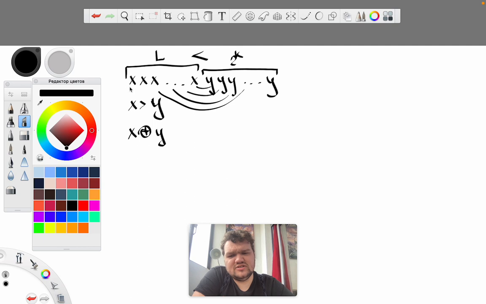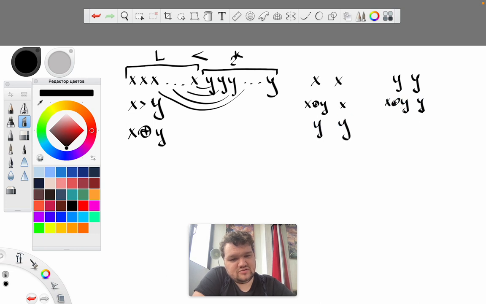Try to swap them somehow. If we have x, x, y, y, we can get x XOR y, x XOR y, y. Then XOR this pair, it will be y, y, and XOR this pair, it will be x, x.